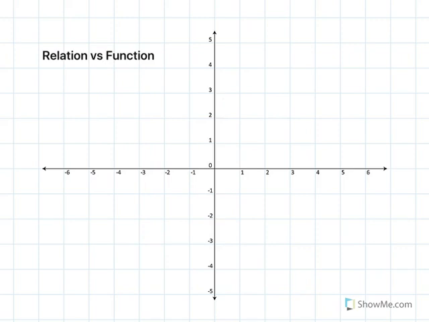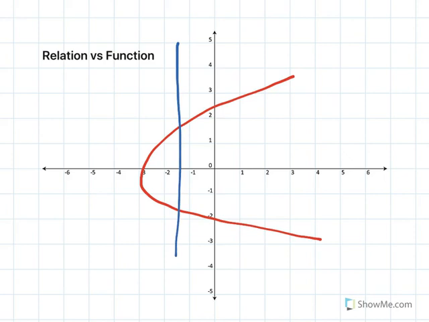If I take that same parabola shape, that U shape I just drew, and put it sideways now, and draw a vertical line through there, it intersects at 2 points. No matter where I draw this, it intersects at 2 points. And it does not pass the vertical line test.